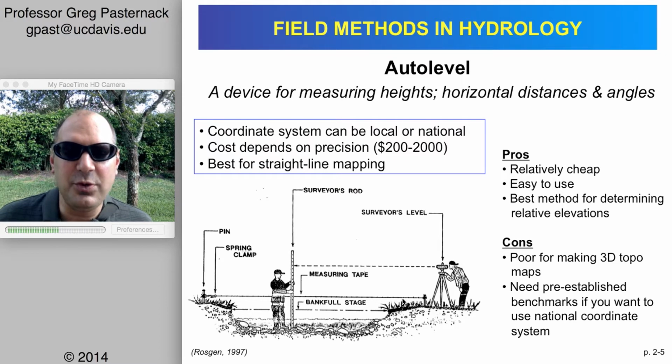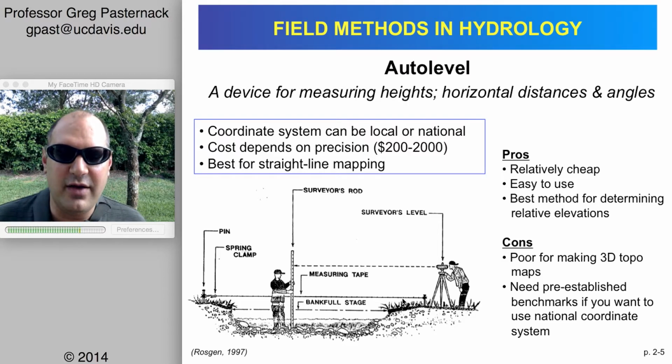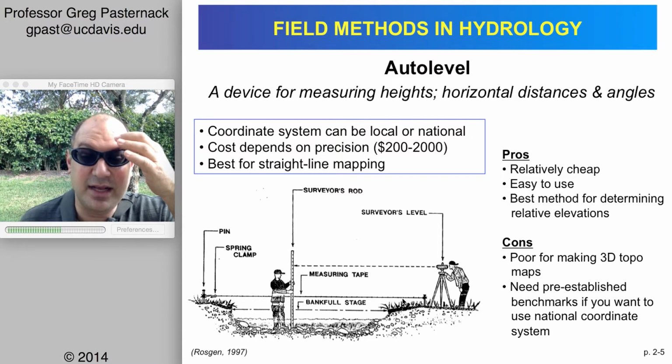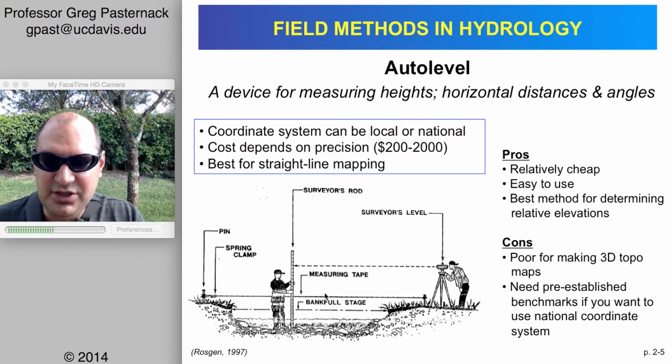So that's really the two main things that we use an auto level for, is to measure profiles, which can be cross-sections or longitudinal profiles, and so those are giving the shape, which could be a slope or more complex geometry.